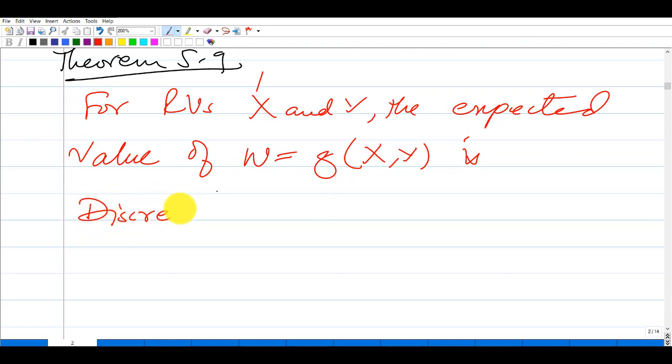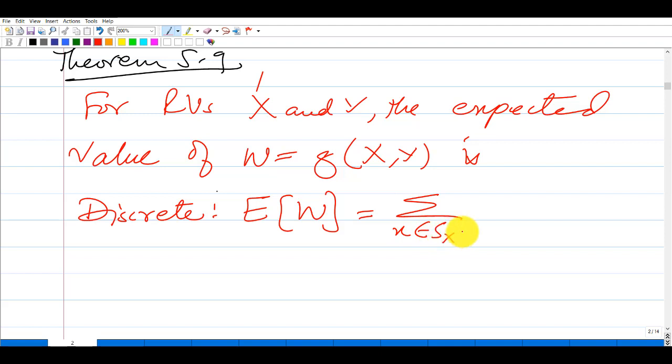For discrete, the expected value of W is the summation over the range of X, summation over the range of Y, g(X,Y) times the joint PMF of X and Y.